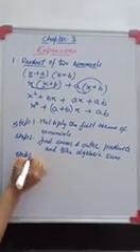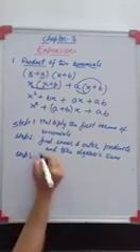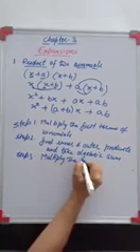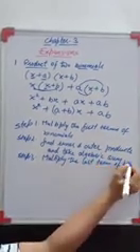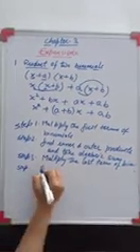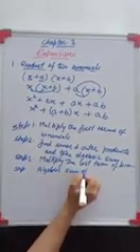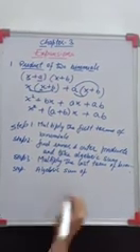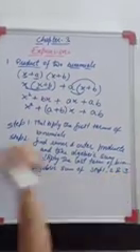And then step 3 is what? Multiply the last terms of the binomials. And step 4 is what? Algebraic sum of step 1, 2 and 3.